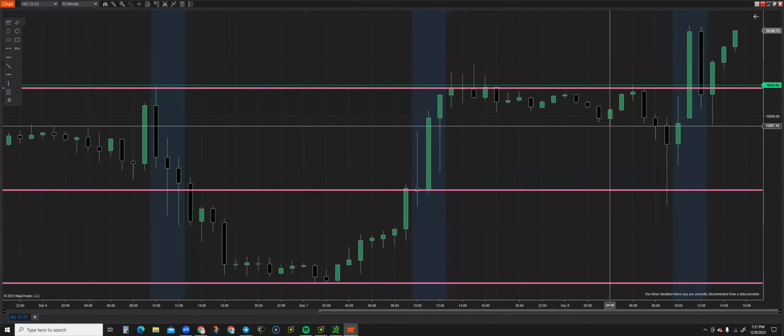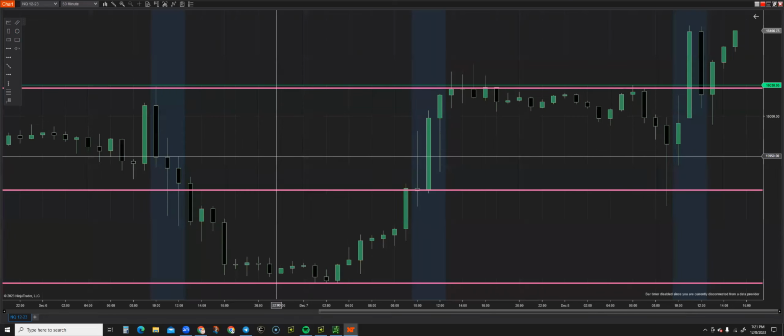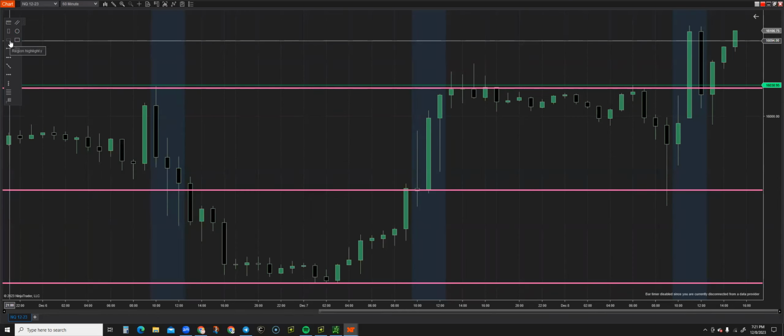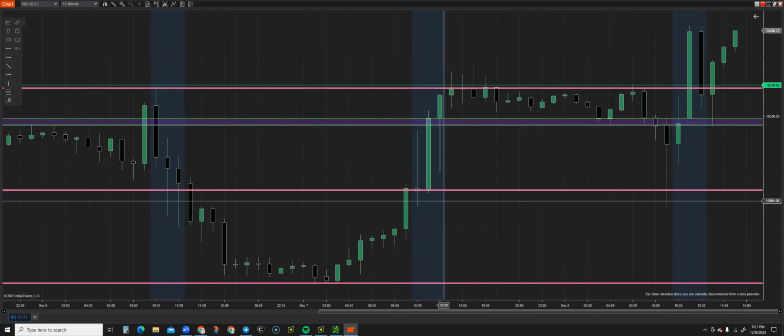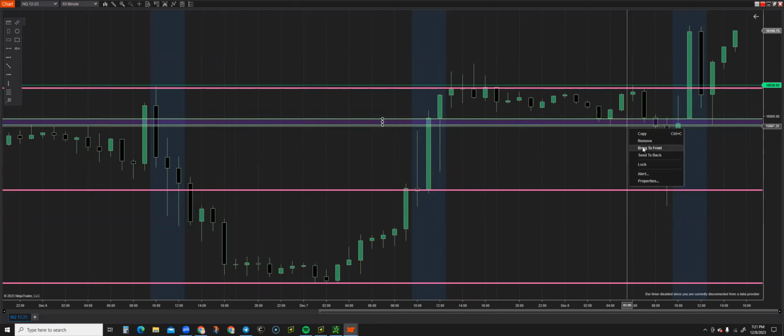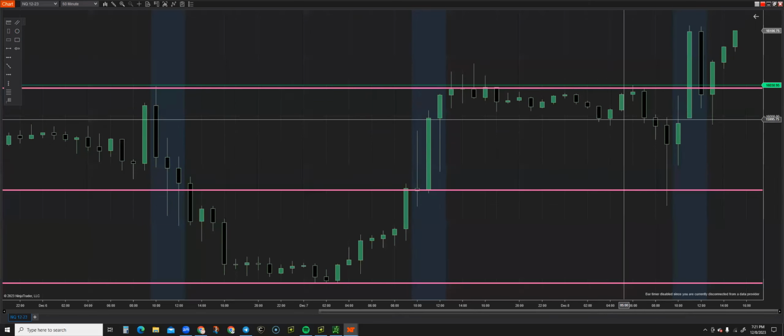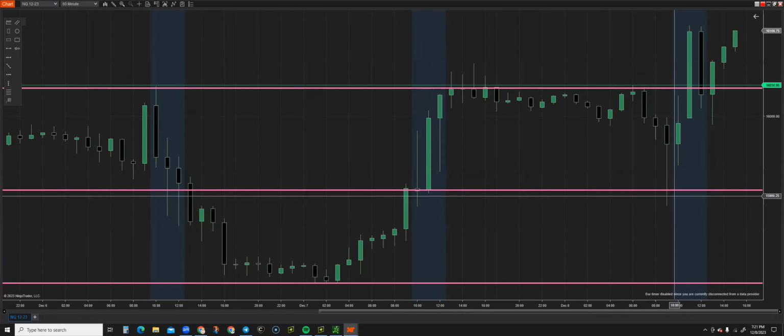I could put a line there, so that's the hourly floor, but it got broke, so I'm not going to put that in. So the 4 hour is the main floor right now.